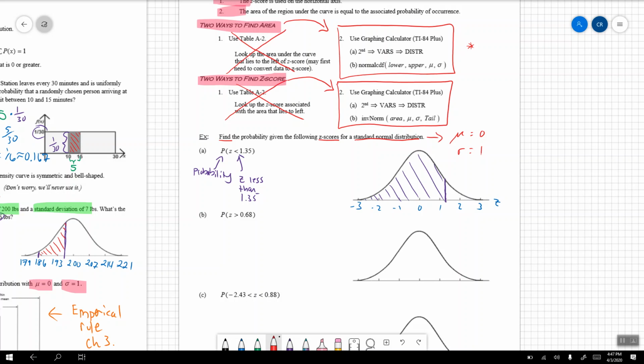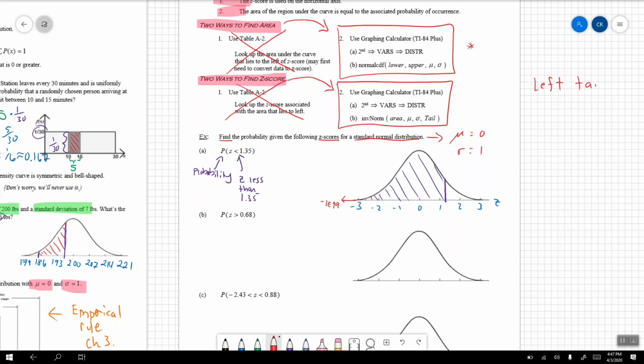So, anytime we see the tail going off to the end on the left-hand side, the ending of the left-hand side is always going to be negative 1E99. Now, why is that?